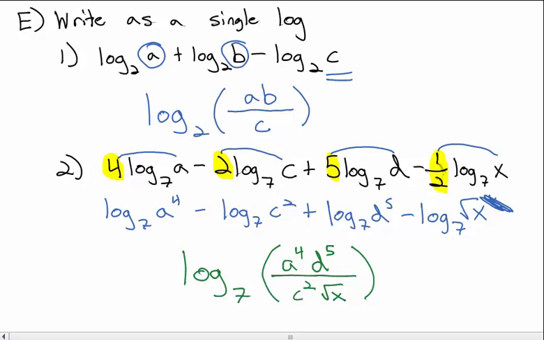You might be tempted to rationalize that denominator, but I'm going to let you be lazy on this problem today, and we will stop there at log base 7 of a to the 4th, d to the 5th, over c squared square root of x. We've squished this down and combined it to a single logarithm.